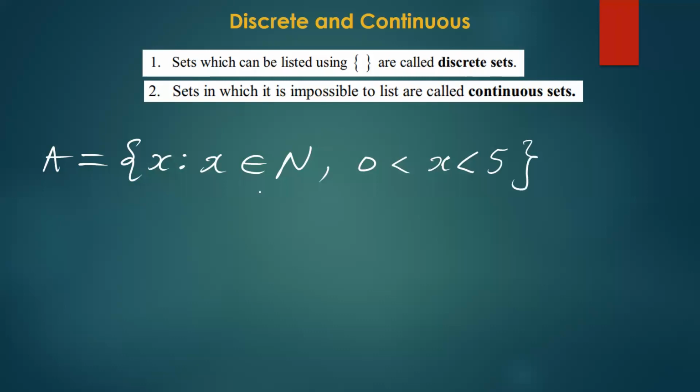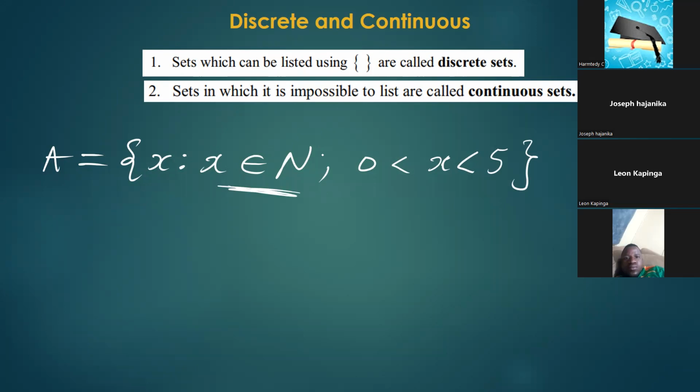We can list this set because natural numbers are simply counting numbers starting from 1.